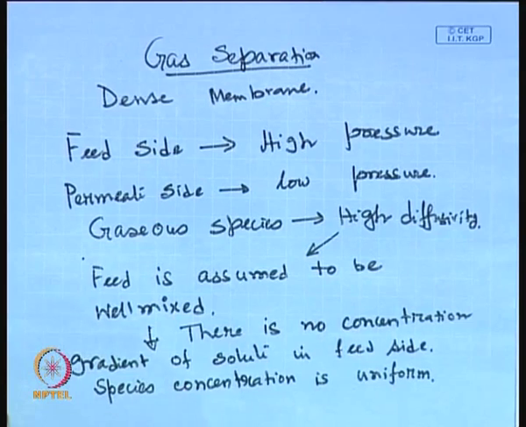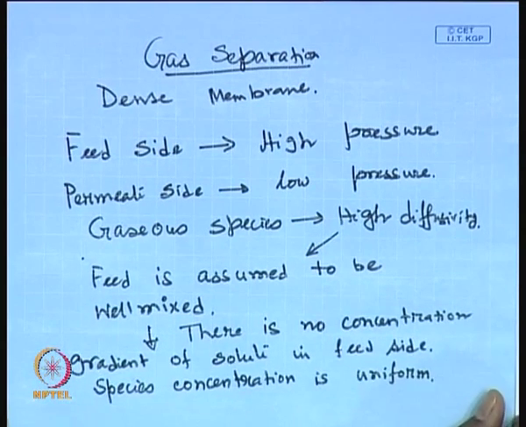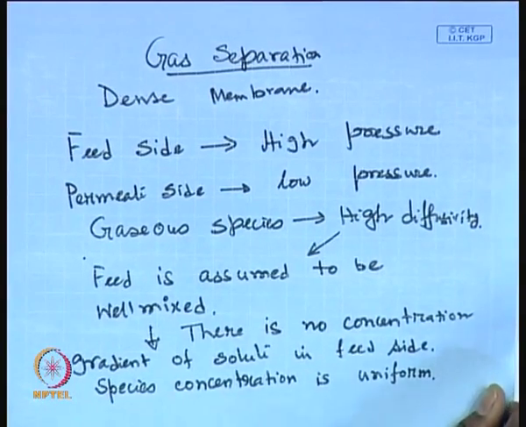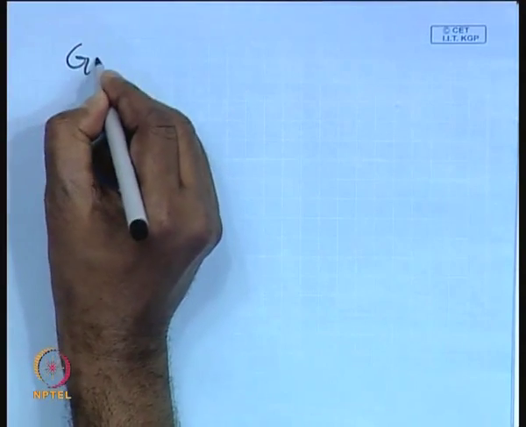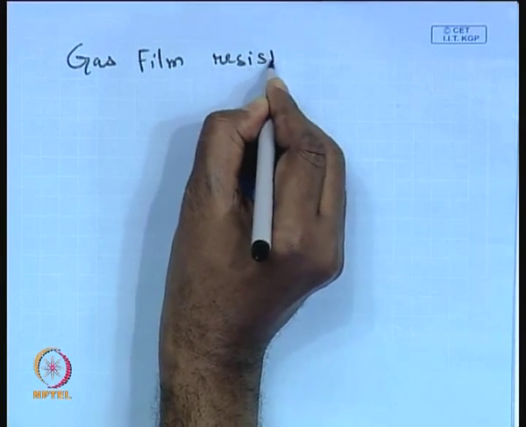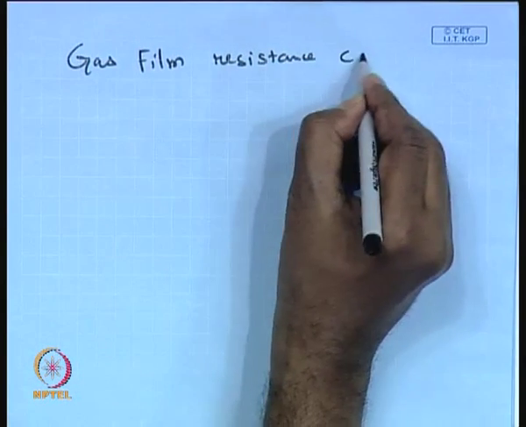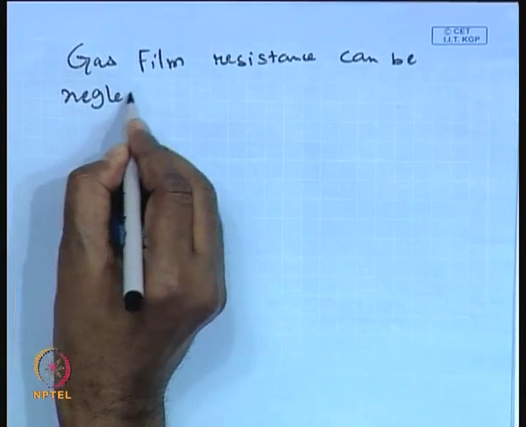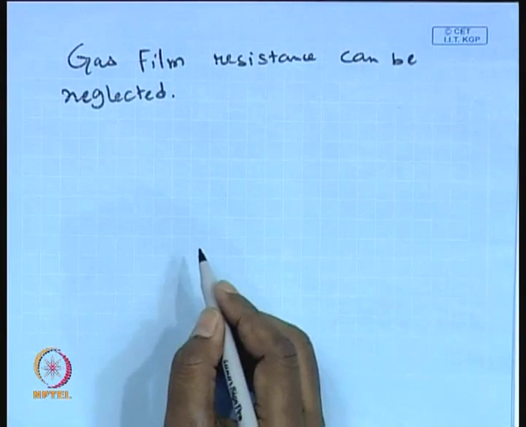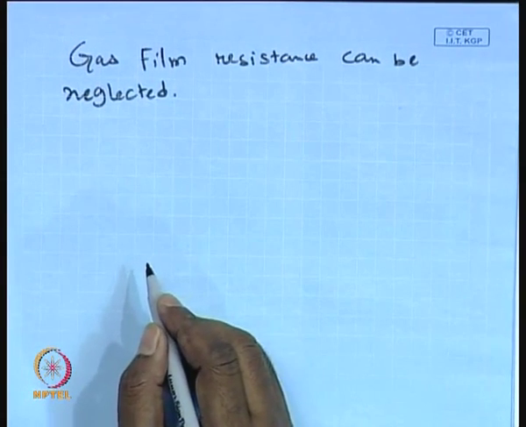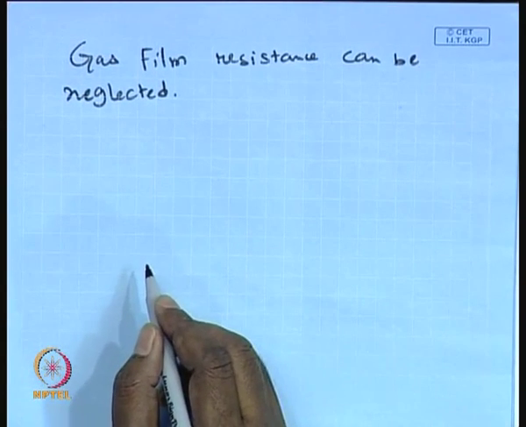That is an assumption, and it is a valid assumption simply because the diffusivity of the gaseous species is extremely high. Therefore, you can neglect the gas film resistance. So, these are some of the salient features of gas permeation, or gas separation, by the membrane.